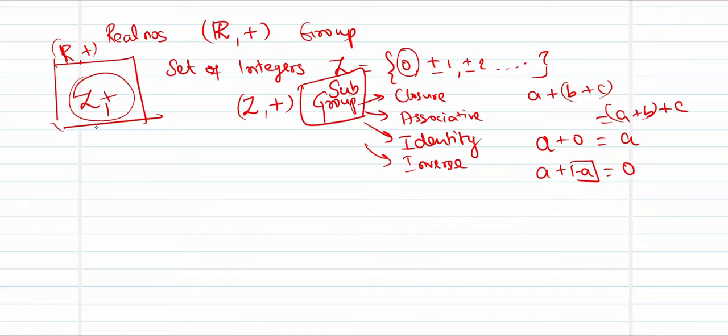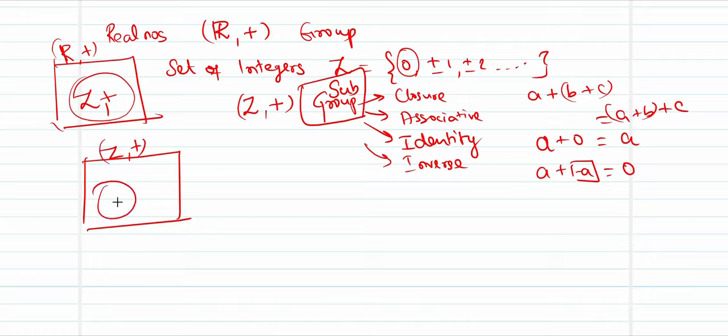Now this subgroup can also have an interior subgroup. If I take the bigger picture as Z with respect to addition, I can say that nZ with respect to addition will be a subgroup of it. Suppose my n is equal to 2.